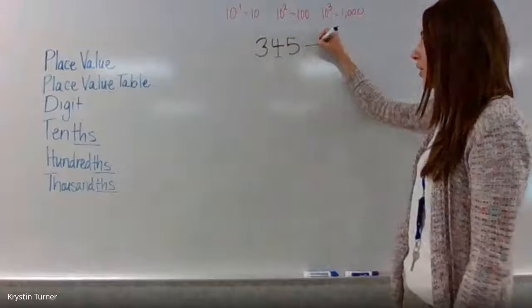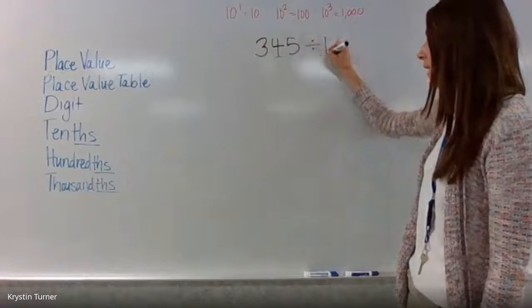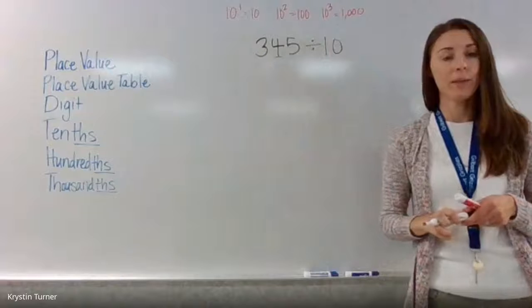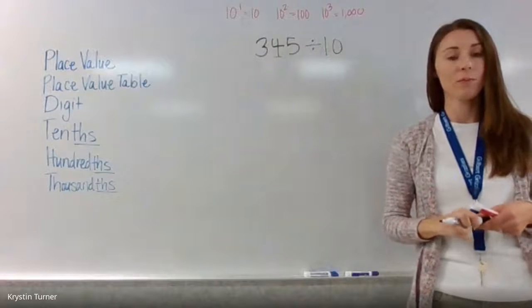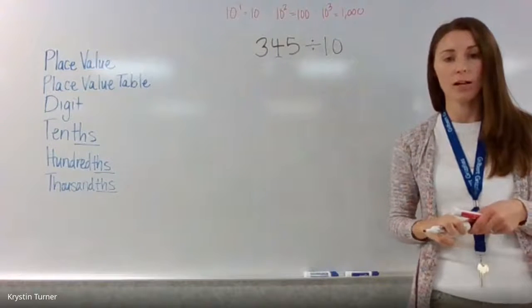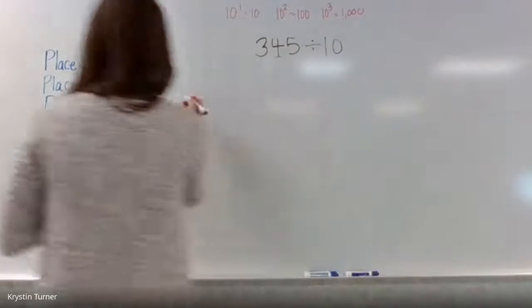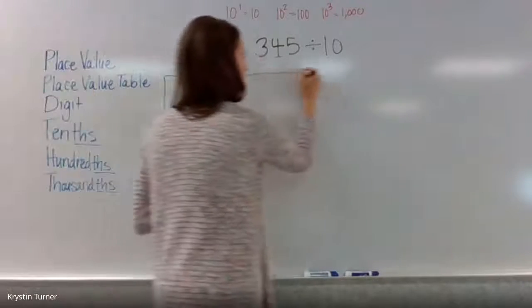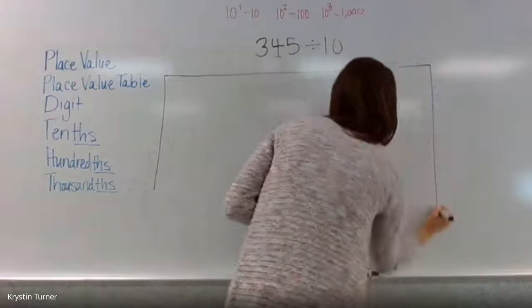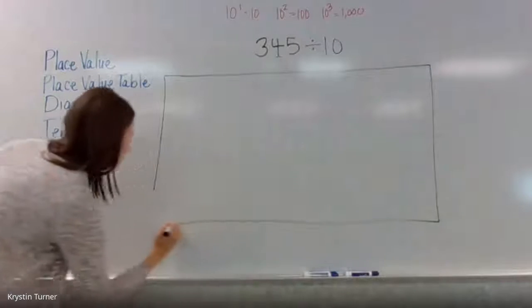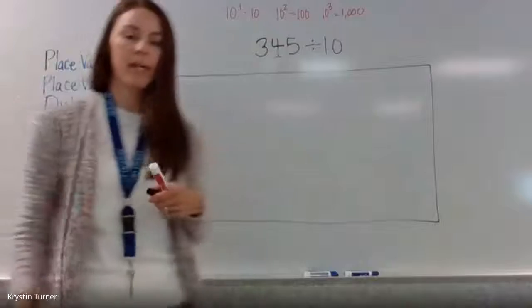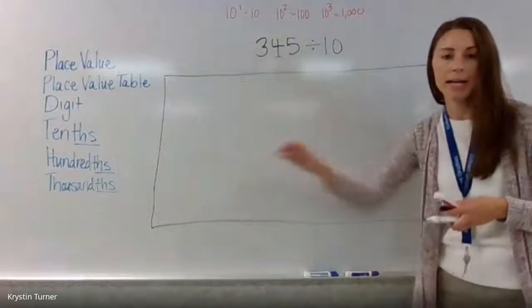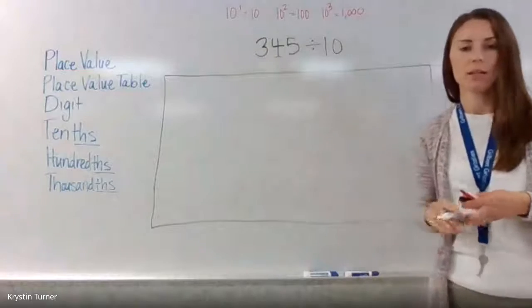Okay, so we're going to start with 345 divided by 10, and we're going to draw our place value table. And remember from last time, that's a very large rectangle. And I want to make it really big and wide because we're going to be writing lots of things in here.